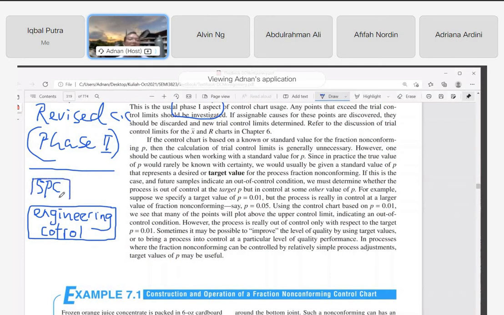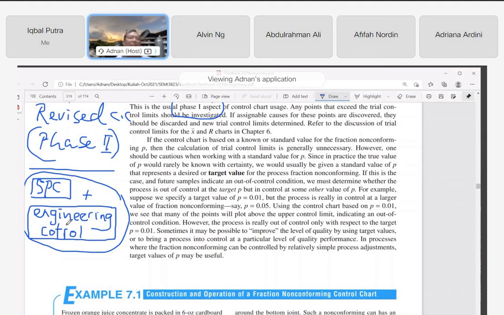So these two areas, SPC and engineering control, are now merging together. SPC was developed by industrial engineers, statisticians, and so on. Engineering control was developed by control engineers. Now they come together, using SPC to guide engineering control to remove the root cause before allowing the process to continue.